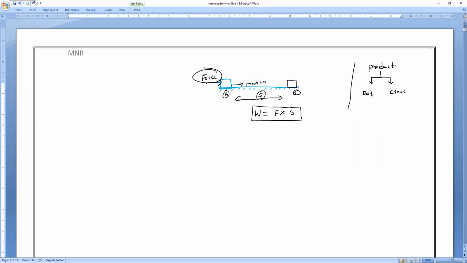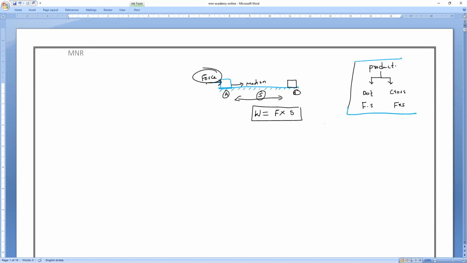You have to remember that between any two physical quantities, a dot will come, and that is what we call the dot product. If I write with a cross, you will get a cross product. But I am not going to explain this now because it is not required and you will get confused.